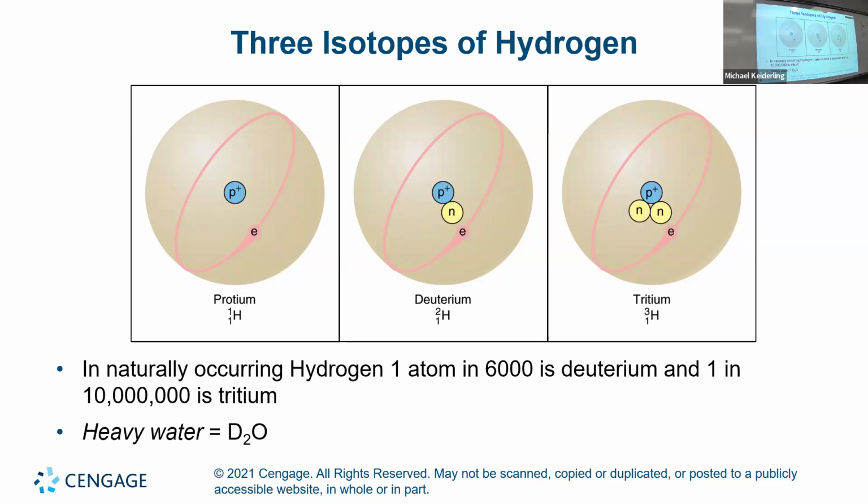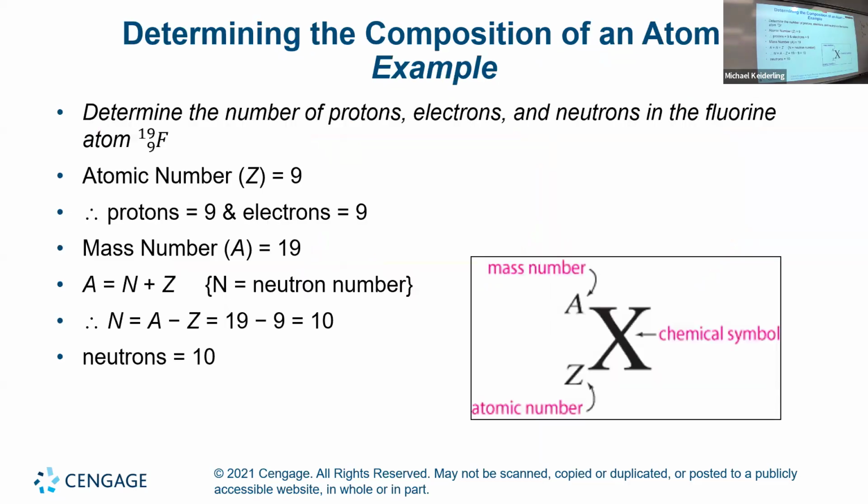For example, in the big lab across the hall, there's something called heavy water, D2O, which is water where the hydrogens have been replaced with deuteriums. We have a bottle of heavy water in the lab across the hall because it's useful for measuring things with NMR. Because you're looking at deuterium, the deuterium doesn't interfere with what you would normally be looking at.